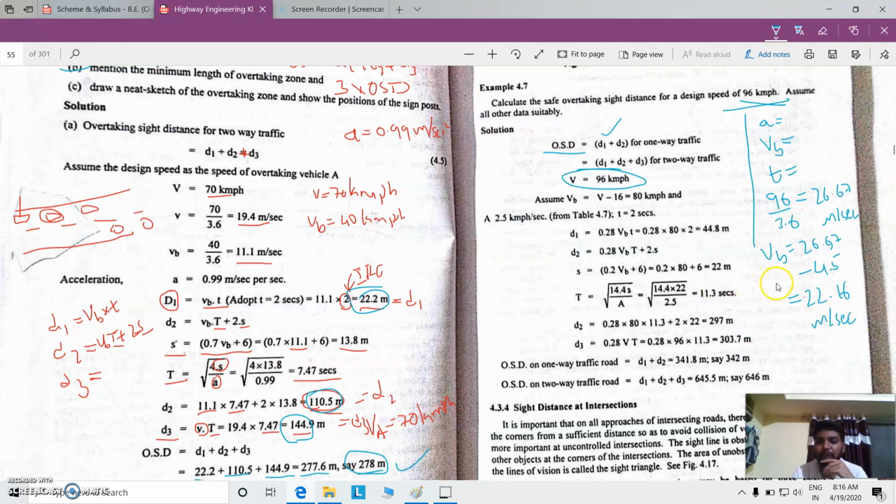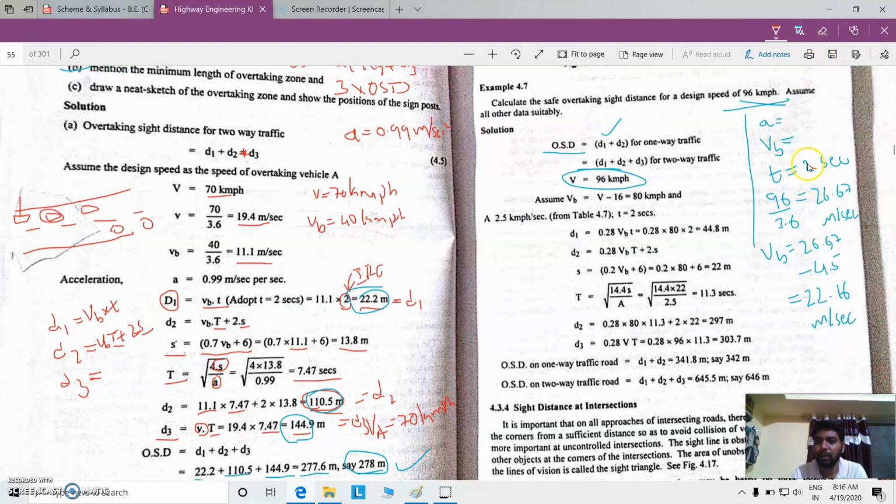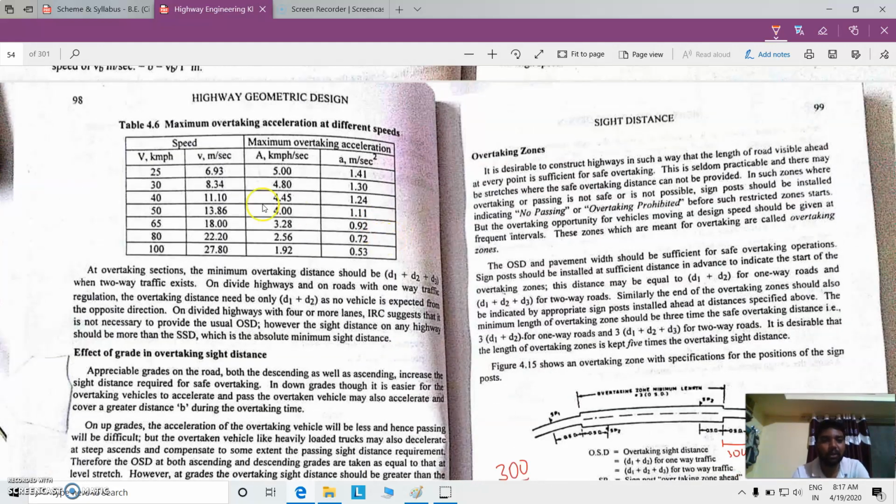Once you know that, VB is 22.16 meter per second and t will be 2 seconds. We don't know the acceleration value, which has to be remembered from the table.